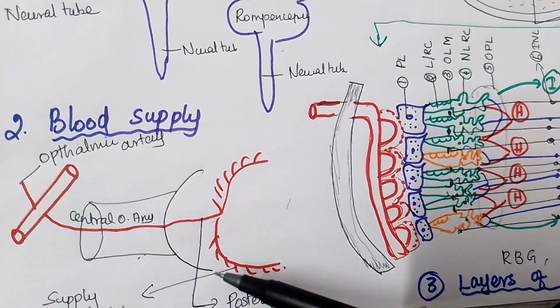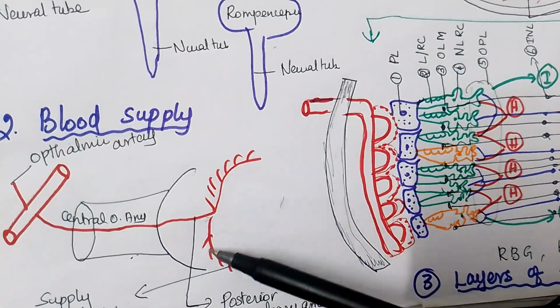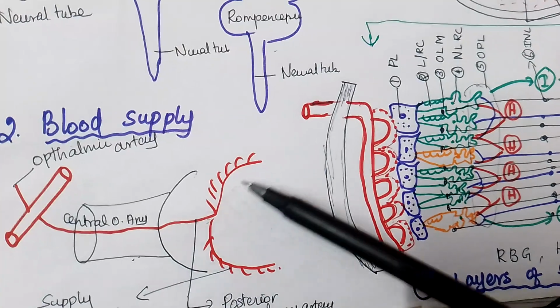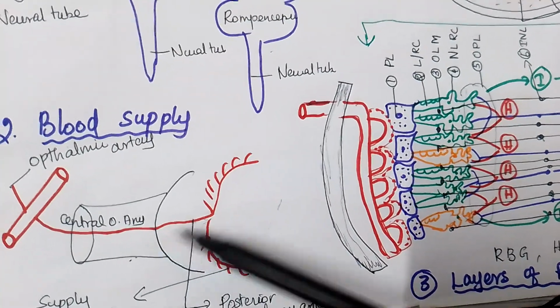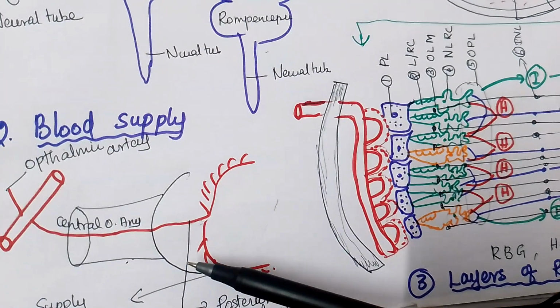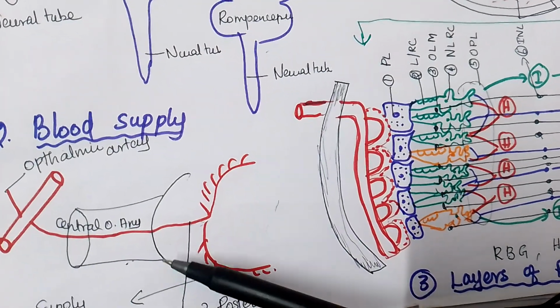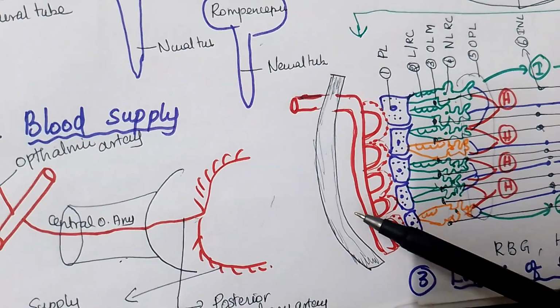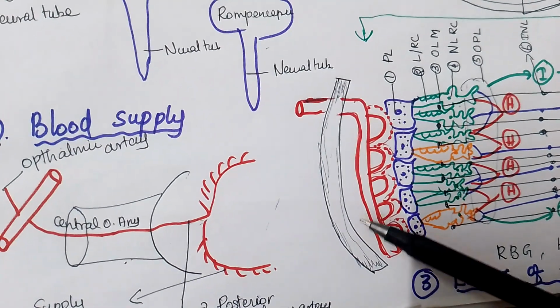Then, since it is the posterior side, there are the short posterior ciliary arteries, and then the anterior ciliary arteries, which supply the anterior side: the ciliary body, the iris, everywhere.